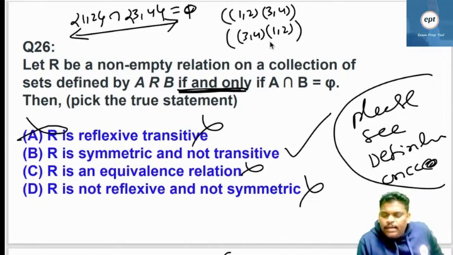R is symmetric and not transitive. One pair also you cannot miss. Every pair which satisfies this condition should be there.